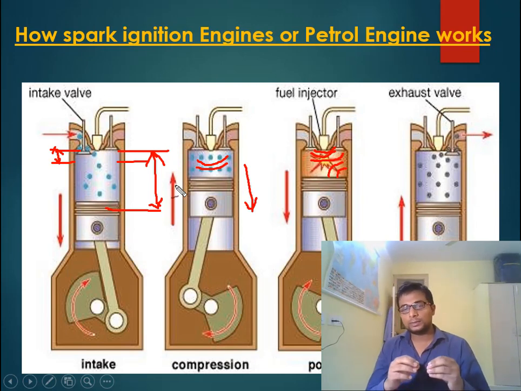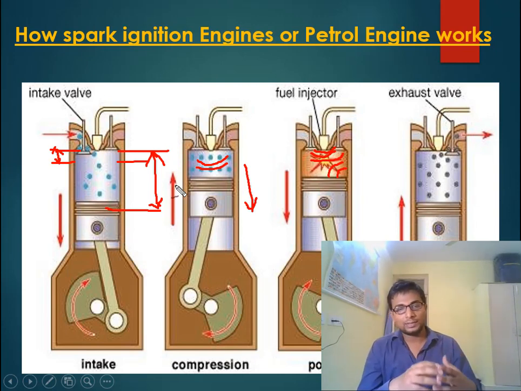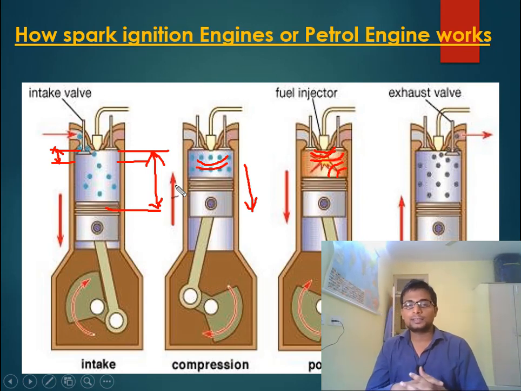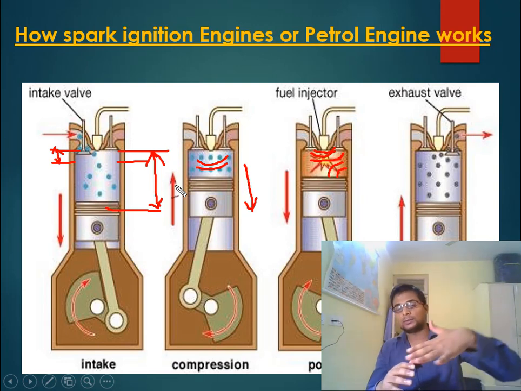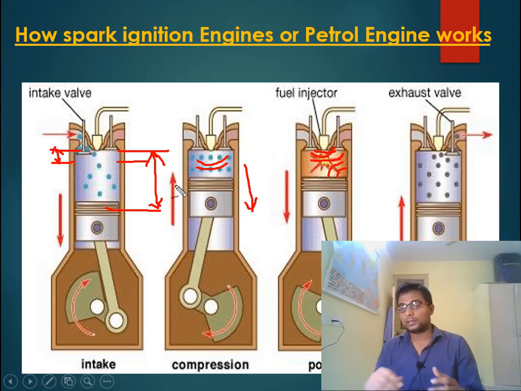Some types of fuel have high knocking resistance, and some have low knocking resistance. The fuel which does not auto-ignite at a higher compression ratio is designated with a high octane number. So octane number is linked with this anti-knocking property. I will discuss this.